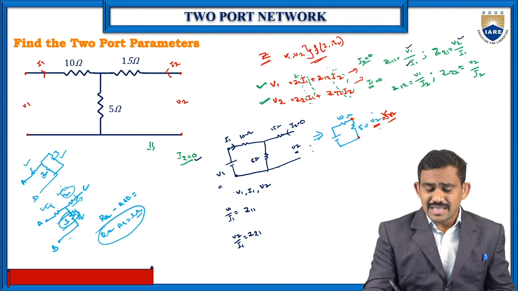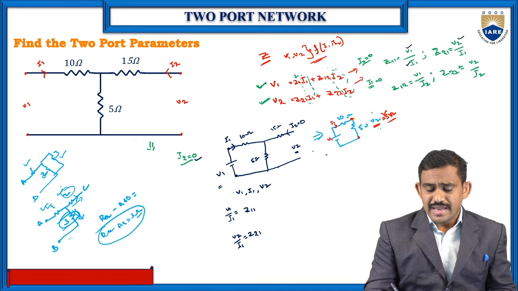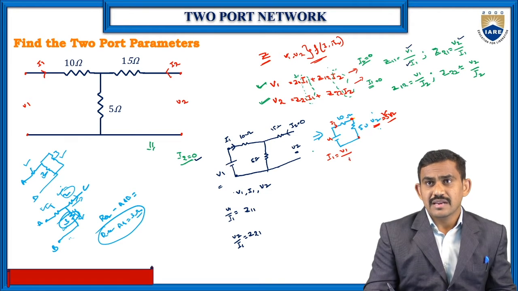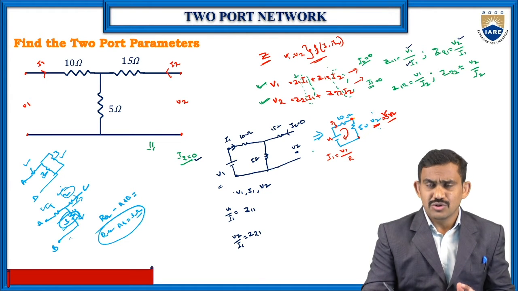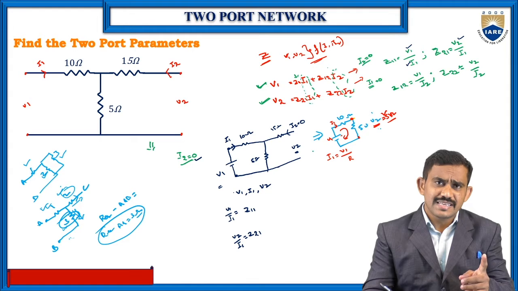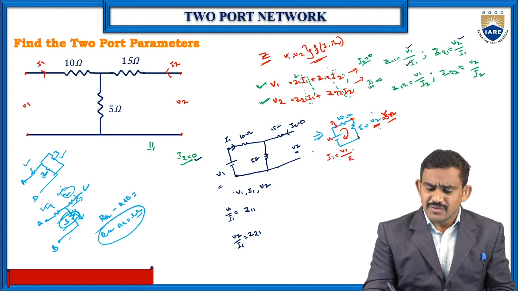Now just measure the I1 current. I1 equals V1 by R. Am I right? Here we have only a single loop, so only one current, the I1 current. So I1 is V1 by R, voltage by resistance. The V1 value we don't know, but R we know.